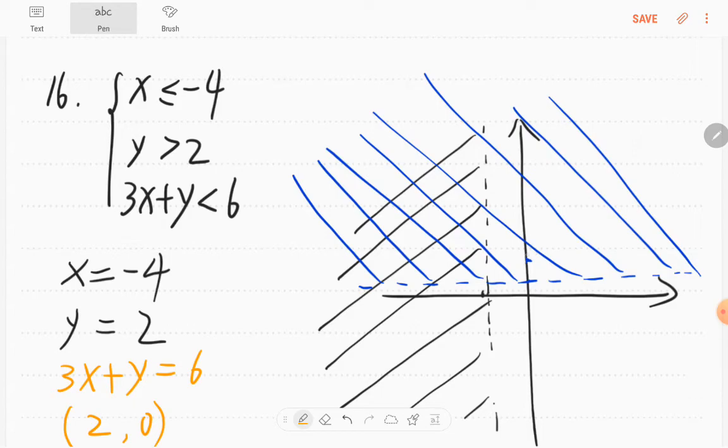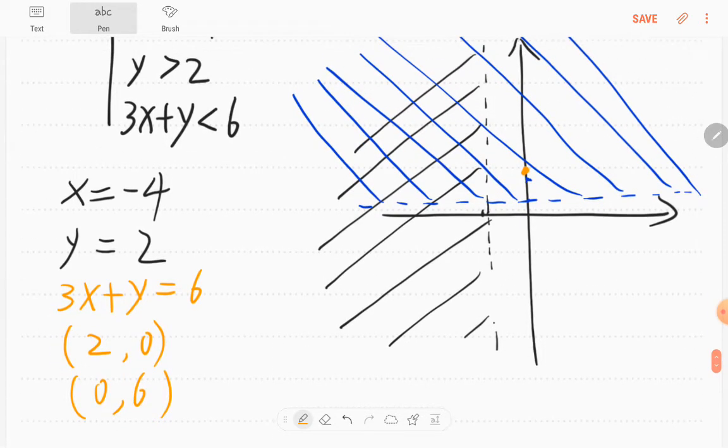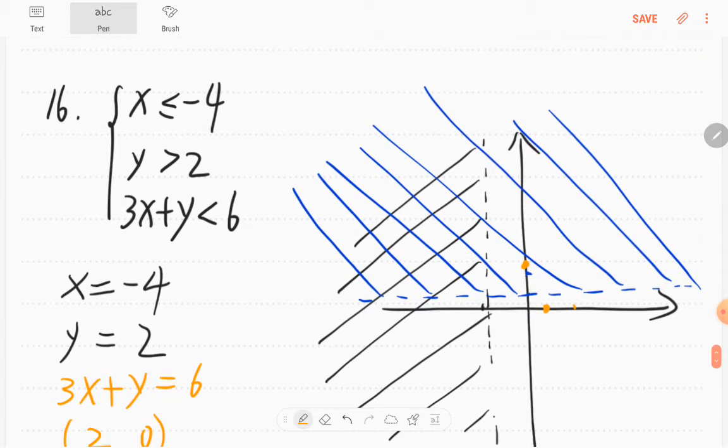This is 5, so for example this is 6. So this is (0, 6). And another point is (2, 0), for example, this is 5, so this would be 2. So we connect.